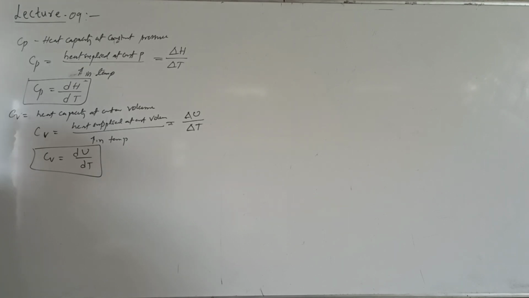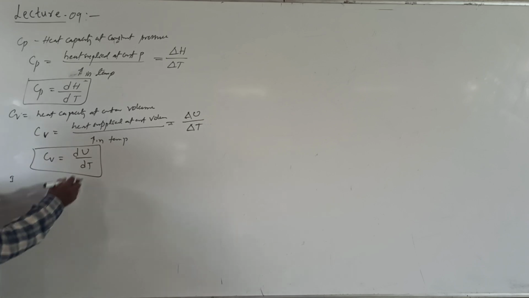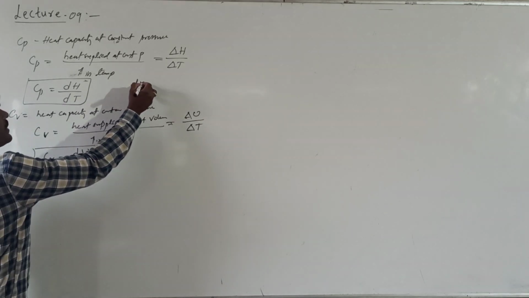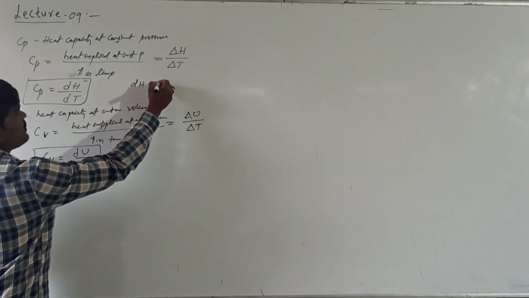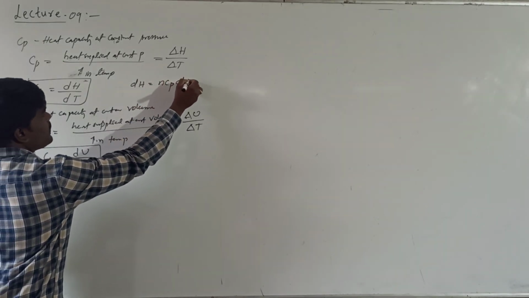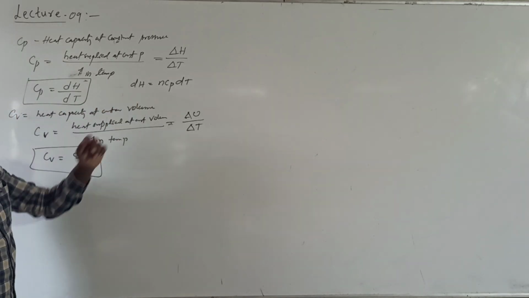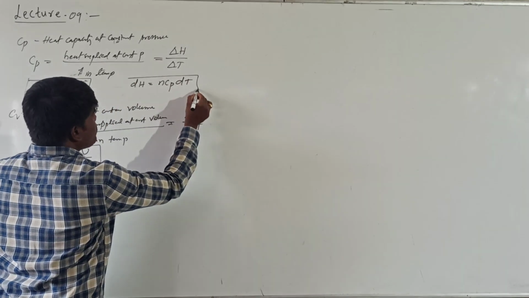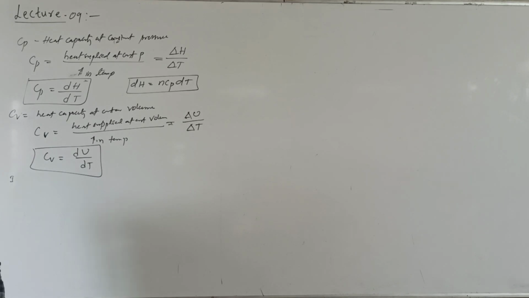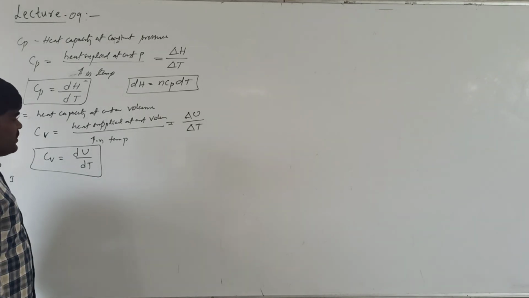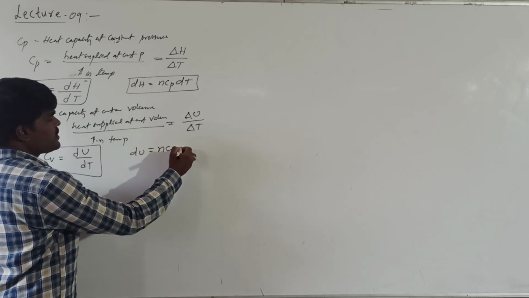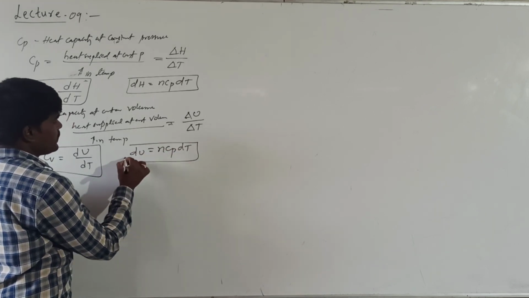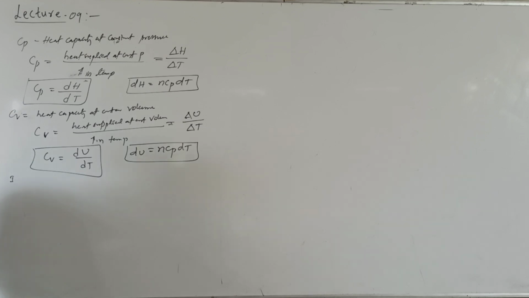From this, what can you conclude? Delta H will be equal to n Cp dT. This is for n moles. Delta U will be equal to n Cv dT. What is meant by this?